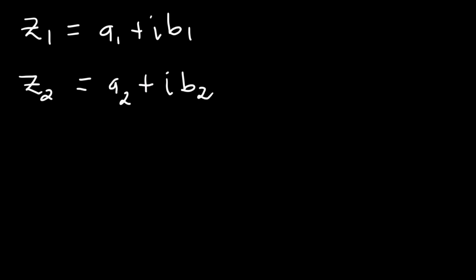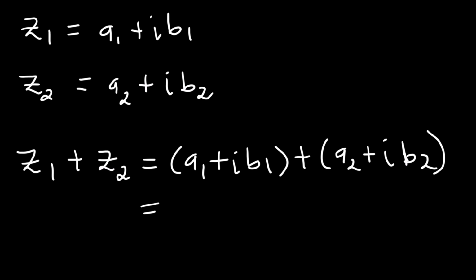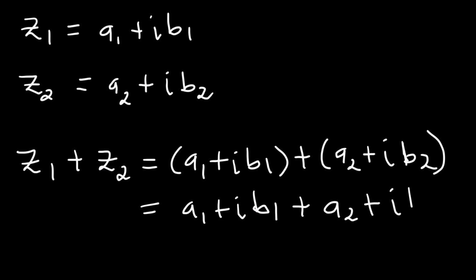In this case, if we are to find z1 plus z2, this will be equal to a1 plus i times b1, and then plus a2 plus i times b2. And if we open the brackets, we shall have a1 plus i b1, and then plus a2 plus i b2.